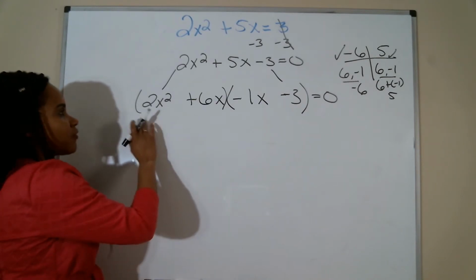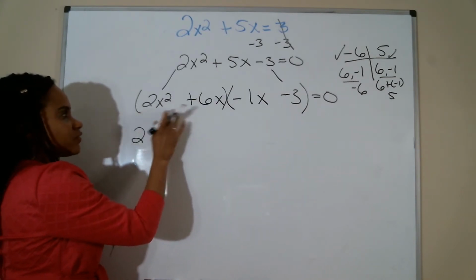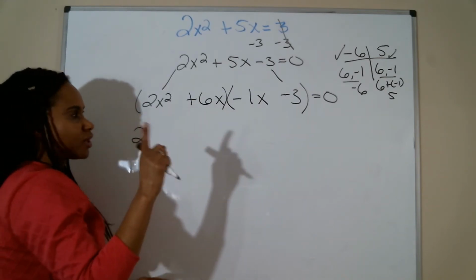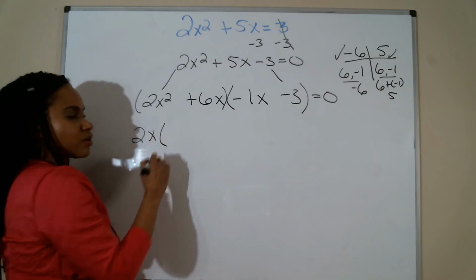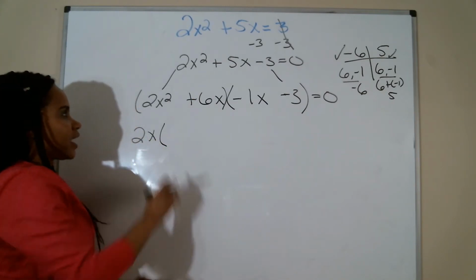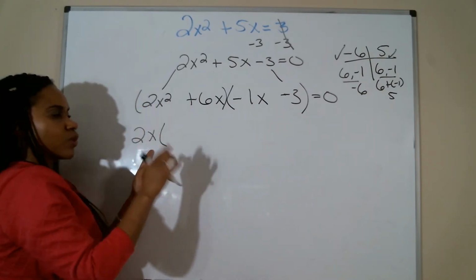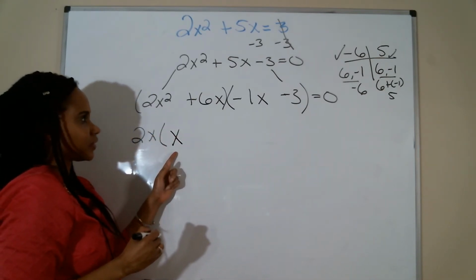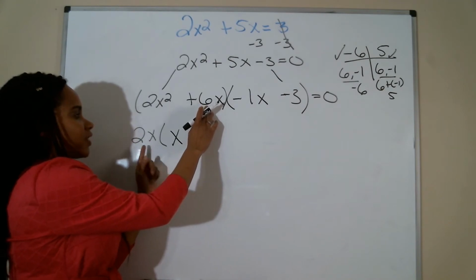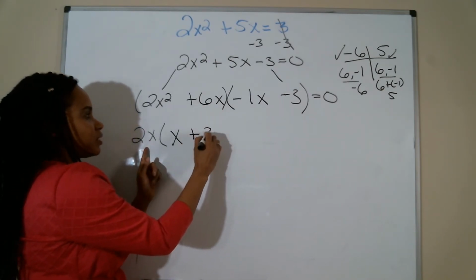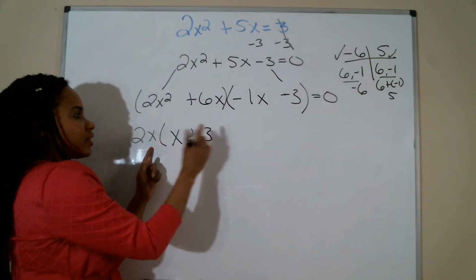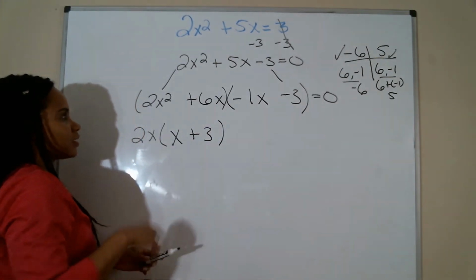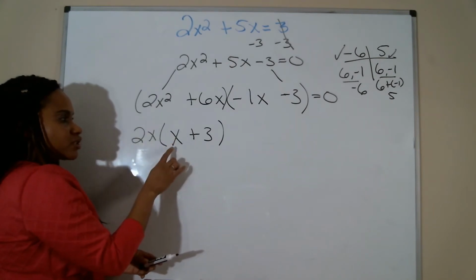My greatest common factor here is 2x, because each of my coefficients can be divided by 2, and they at least have 1 x, so I can pull out one of those x's. 2x squared divided by 2x is just x.